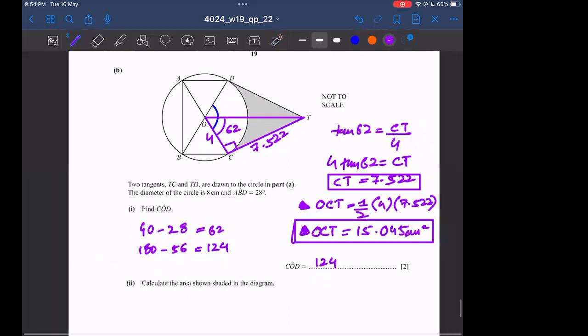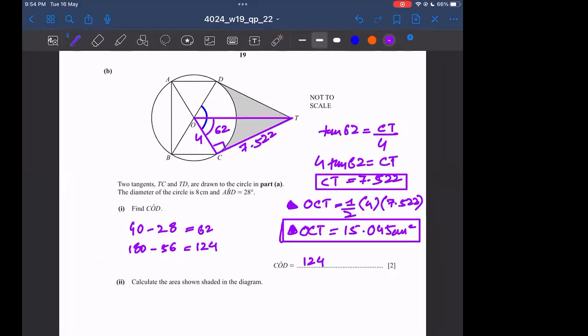So I'm writing down here, OCTD area is 15.045 multiplied by 2, that is 30.09. Right? Now I'm going to calculate the area of the sector.